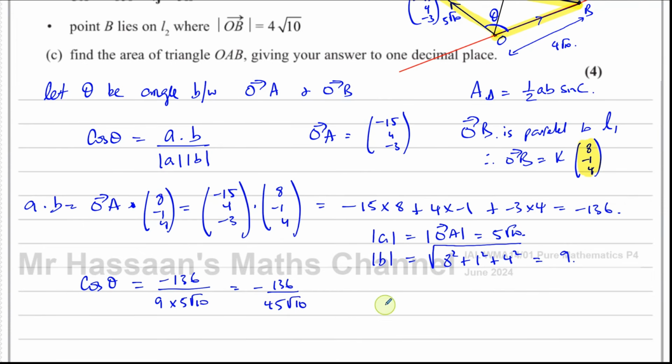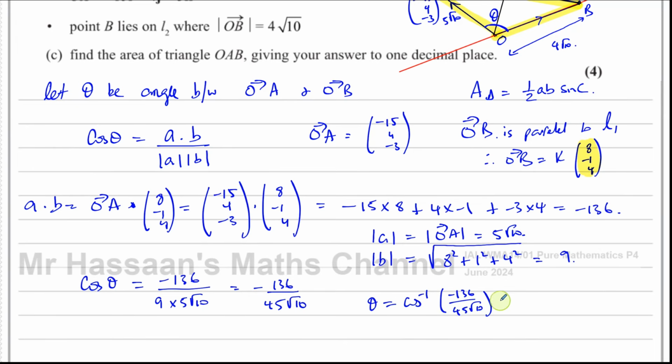Now, the quickest way for us to proceed here is to find the value of theta by finding the inverse cosine of this. So theta is equal to the inverse cosine of minus 136 over 45 root 10.